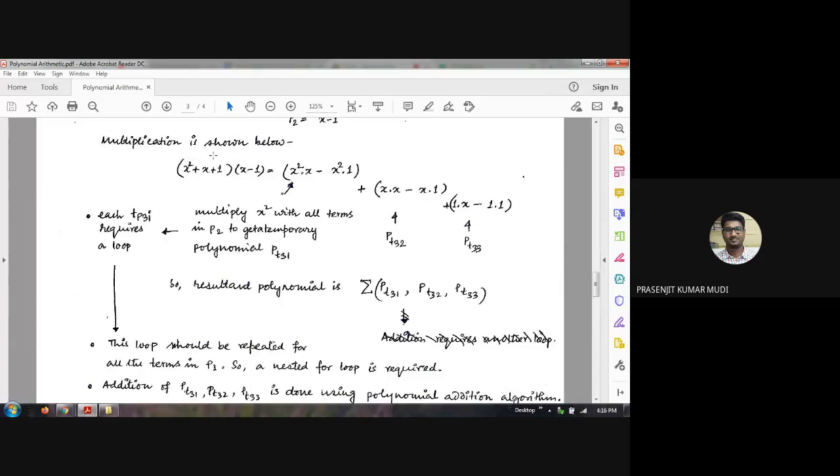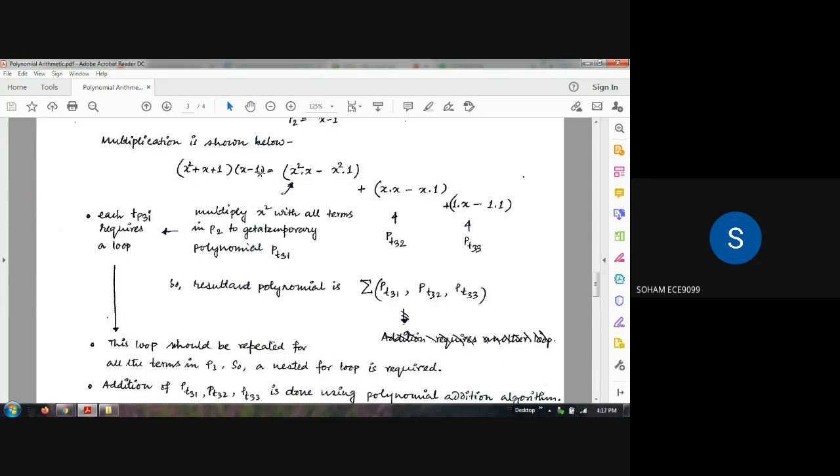How many terms in the first? 3, right? So the number of terms in the first polynomial is 3. And that's why you are getting 3 such brackets: T31, T32, T33.